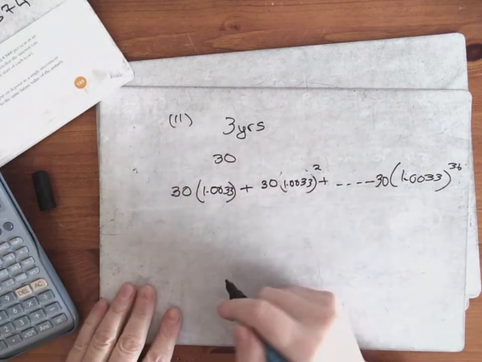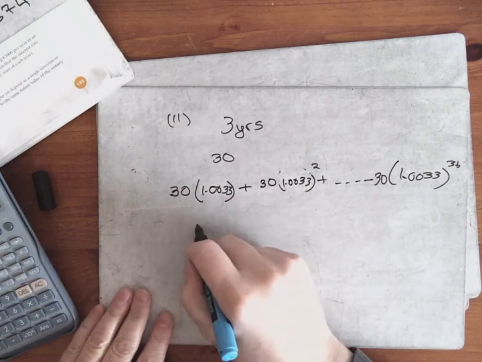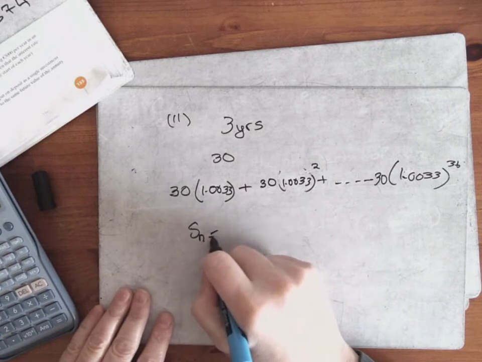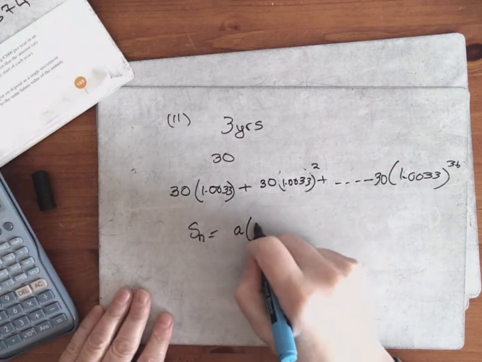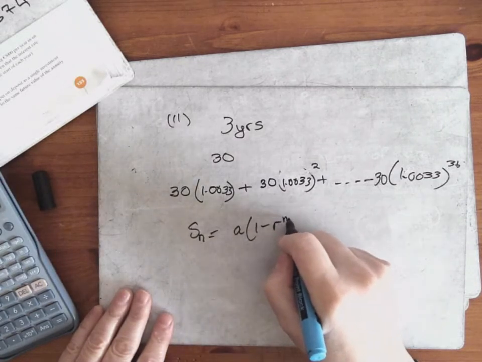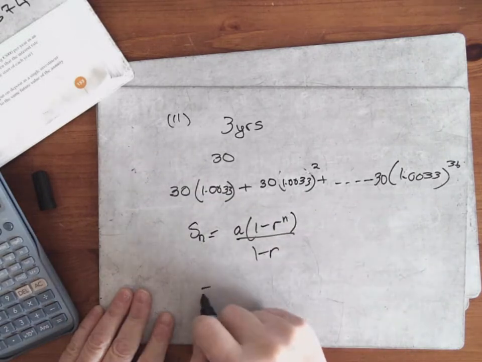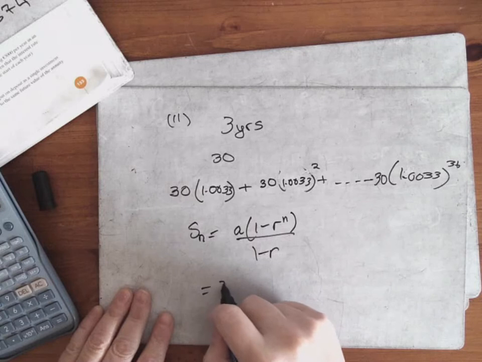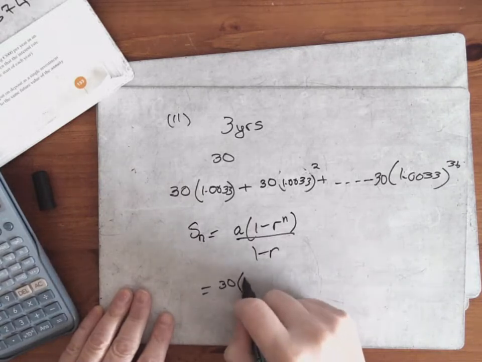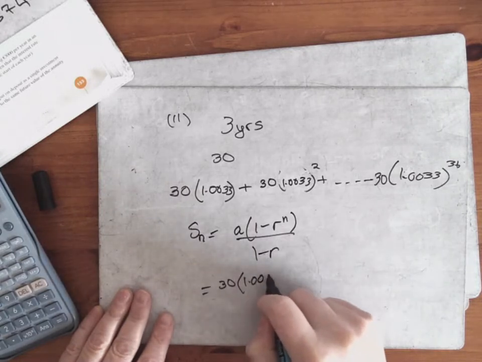Okay, right, so to find out how much she has, we get Sn. So Sn is A times 1 minus r to the power of n all over 1 minus r. A is the first term, which is 30 multiplied by 1.0033.